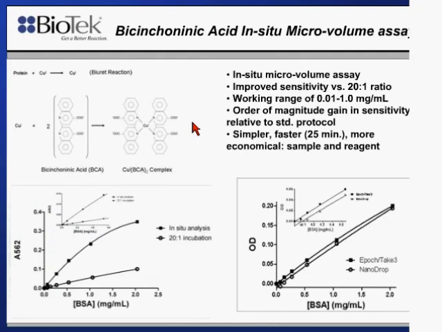And so again, we've changed the protocol. We've adapted it to work in a microvolume, and part of that was changing the ratio of reagents. The common ratio is 20:1. We went to a 1:1 ratio, and again, we're running this in situ, so we're adding sample and reagent directly to the slide and allowing it to incubate.